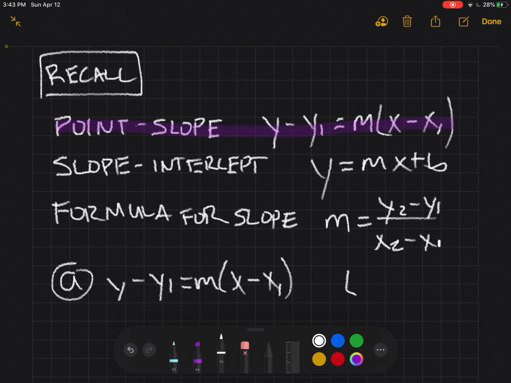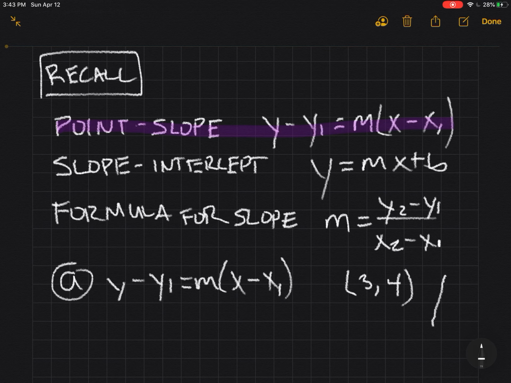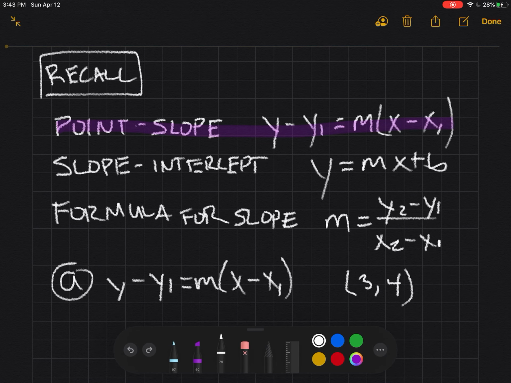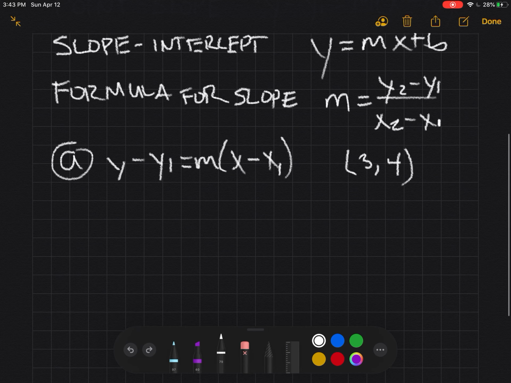For A, we have y minus y1 equals m times x minus x1, because that's what the question is asking for. And we have the points 3, 4, and 0, negative 3.